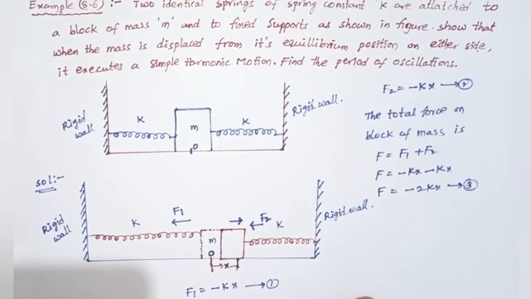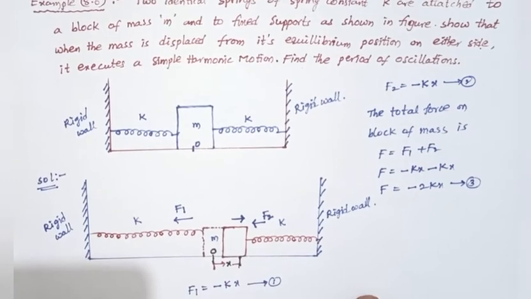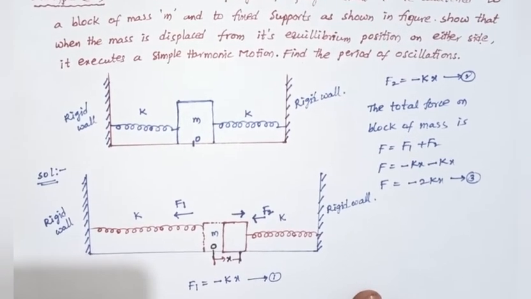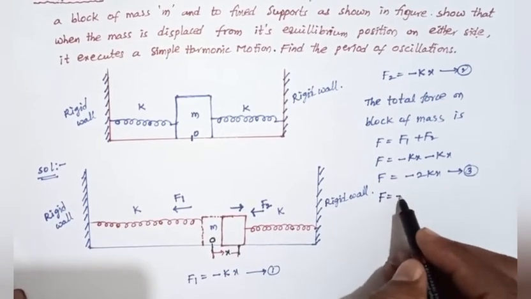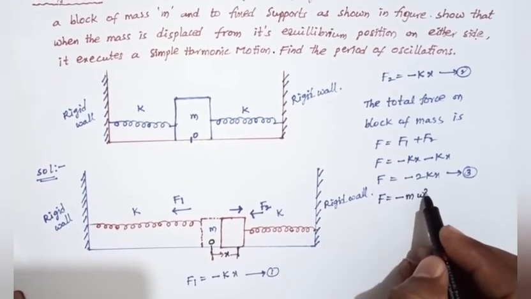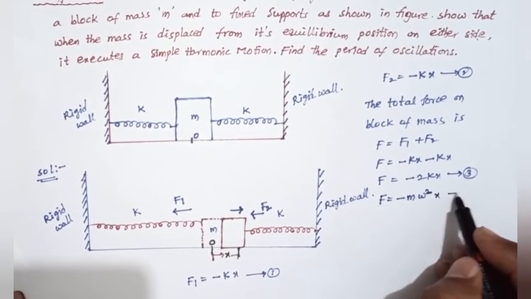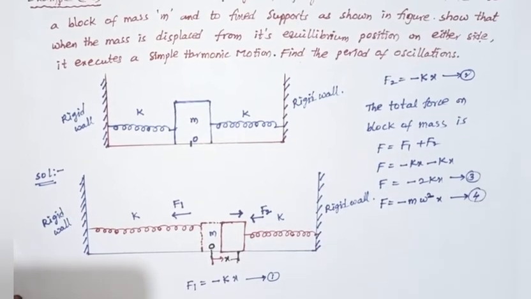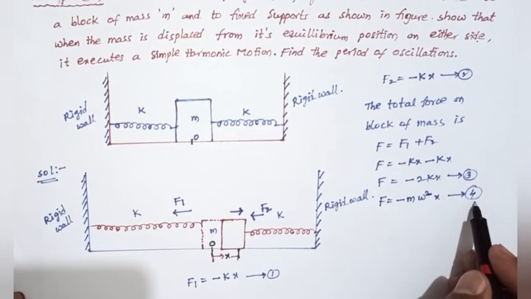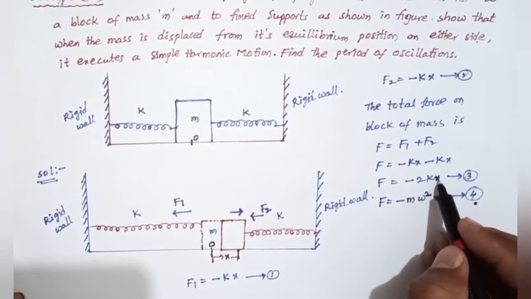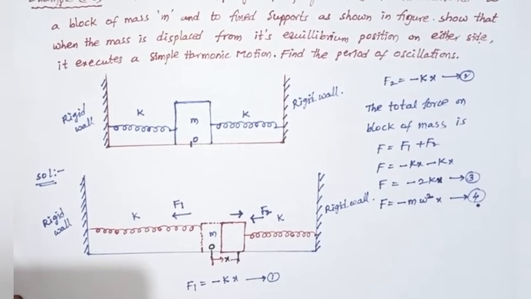Actually this is the restoring force. Before this topic, in the force law for simple harmonic motion, we derived that the force F equals minus m omega square x. This is equation number 4. So equation number 3 and equation number 4 denote that the body executes simple harmonic motion.